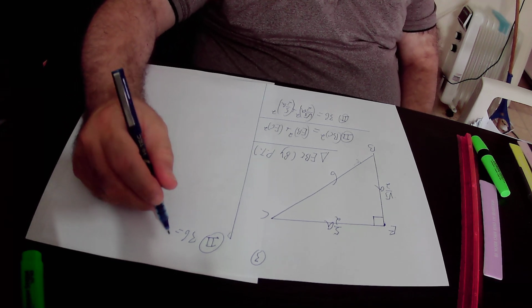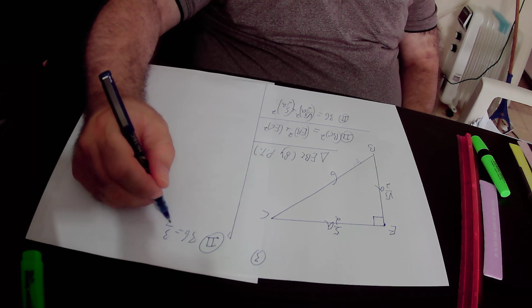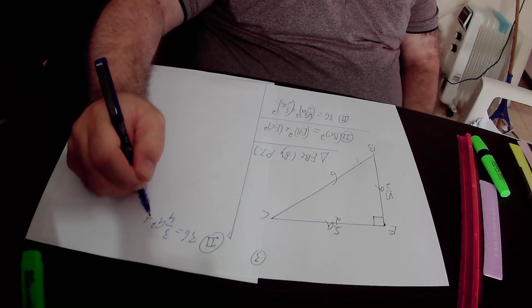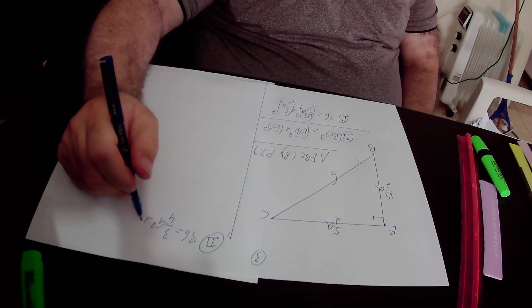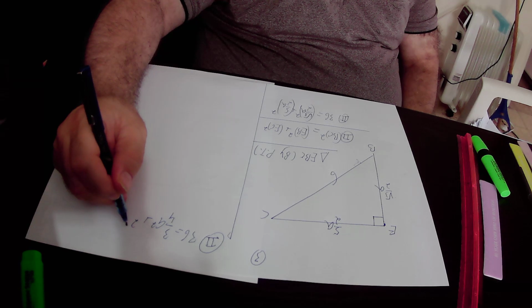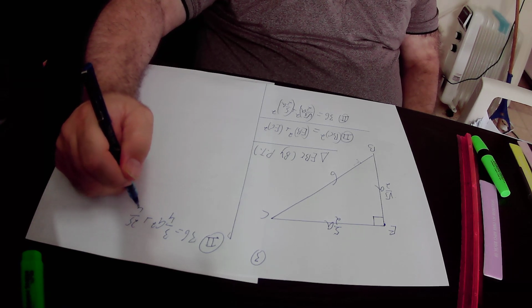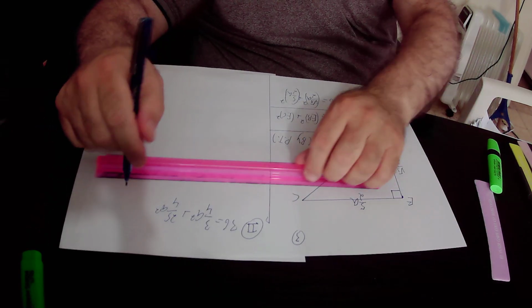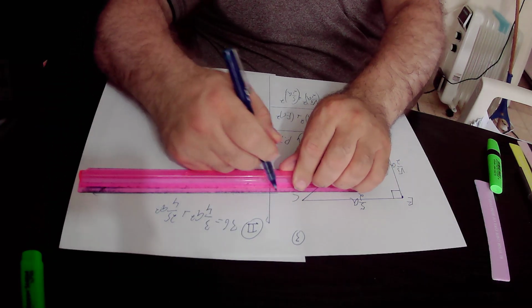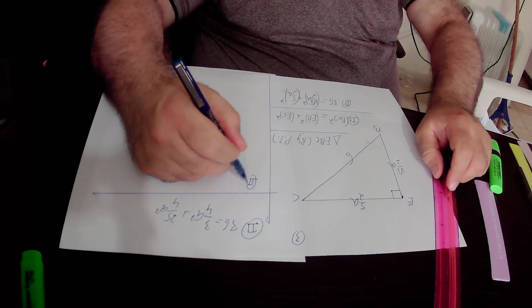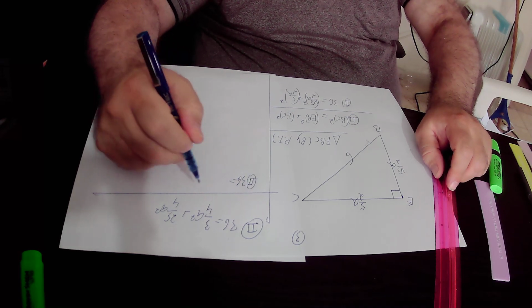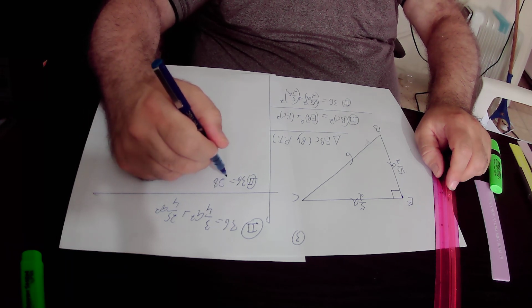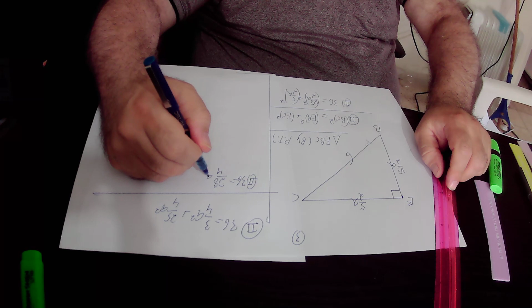Square root of 3 squared is 3, 2 squared is 4, times A squared, plus 5 halves A squared. 5 squared is 25, 2 squared is 4, times A squared. So 36 equals 3 quarters plus 25 quarters is 28 quarters times A squared.